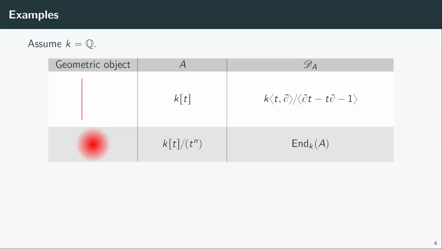There's a question in the chat from Paolo. Is there a particular reason to restrict Q? No, it's just to get an intuition for our first examples. But for the rest of the talk, I will mostly work over a commutative ring. Okay.